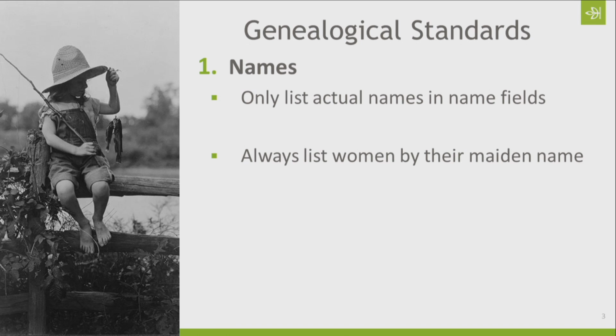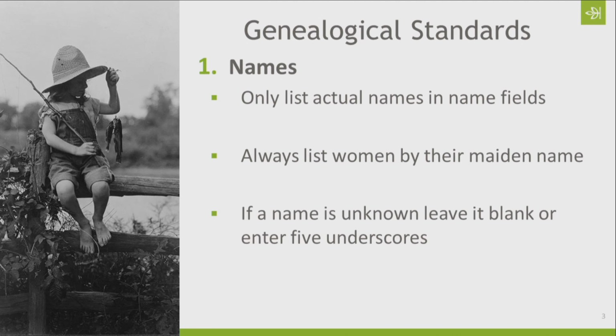The question then always arises, well, what if we don't know the name? Well, if a name is unknown, and this is true for a woman's maiden name, just as it's true for a given name. So for example, in my tree, I happen to know my 3rd great-grandfather is George Cowan. I also know that he has a brother named James, but I do not know the name of either of their parents.